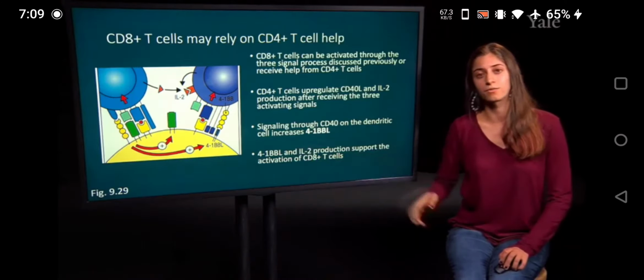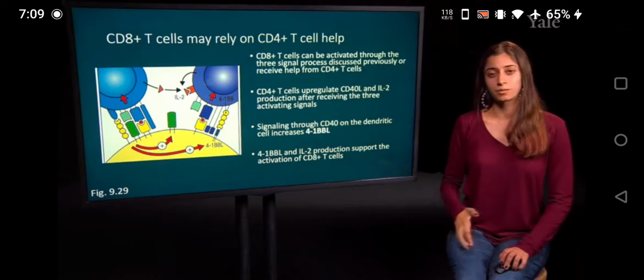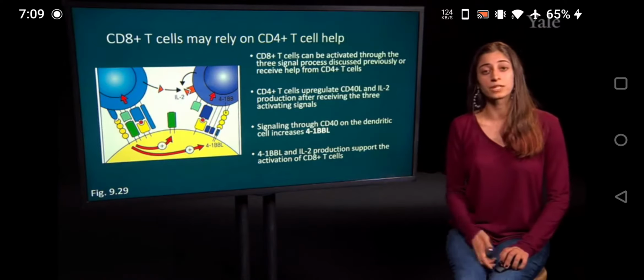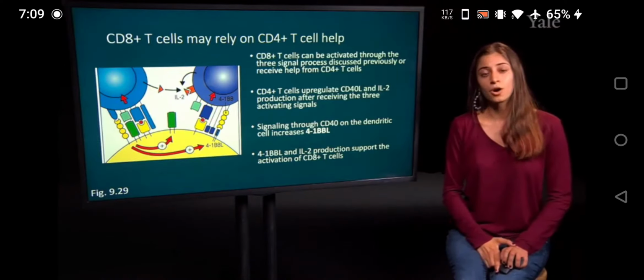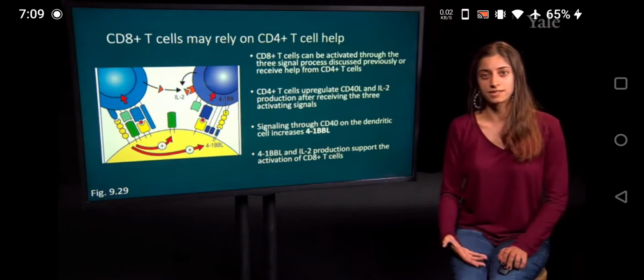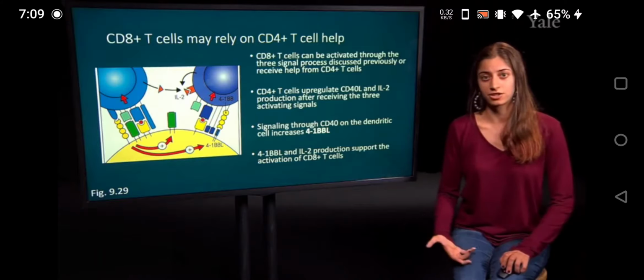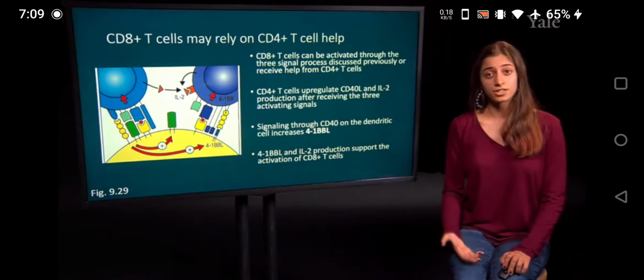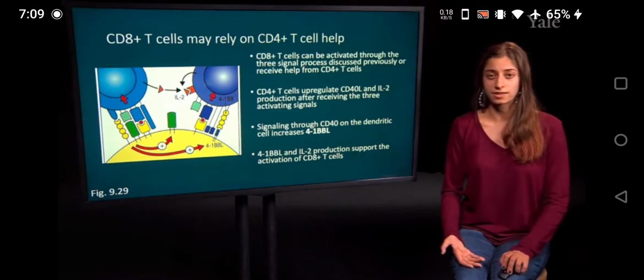This is one of the co-stimulatory molecules we talked about last time. Note that unlike CTLA-4, instead of inhibiting the activation of the T cells, it actually drives the activation of the T cells. Additionally, activated CD4 positive T cells will also secrete IL-2.